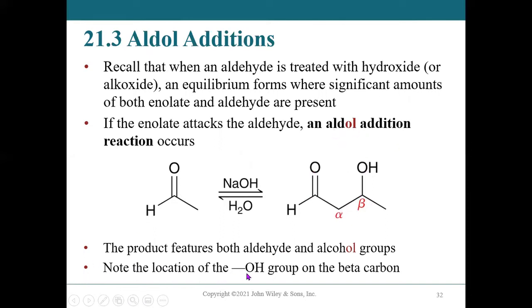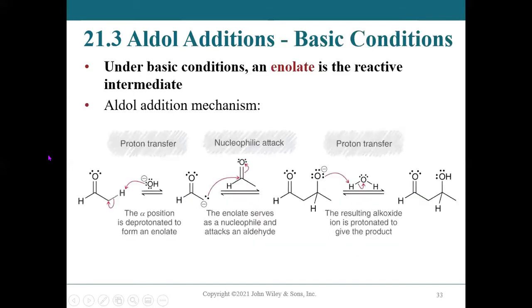Note the location of the hydroxide group is on the beta carbon. So this is alpha and beta, but this actually comes from the carbonyl. This beta carbon is the carbonyl carbon of the other acetaldehyde, as you can see from this mechanism. So the first step on the basic condition is the proton transfer. The alpha position is deprotonated to form an enolate.